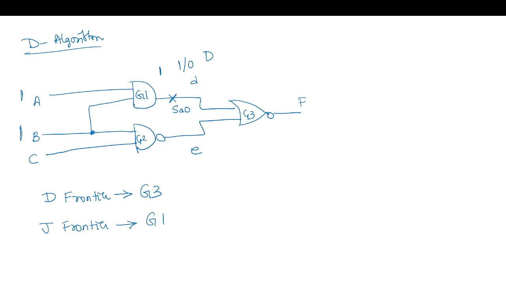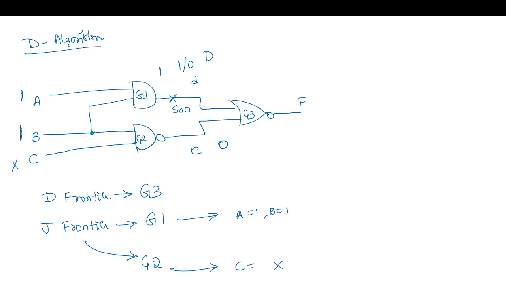Next, to propagate this fault, again in the J frontier is J. If this is 0, output is defined, input is don't care, so J2. This gives A equal to 1, B equal to 1. Now we want to define what is C. C can be anything, don't care.